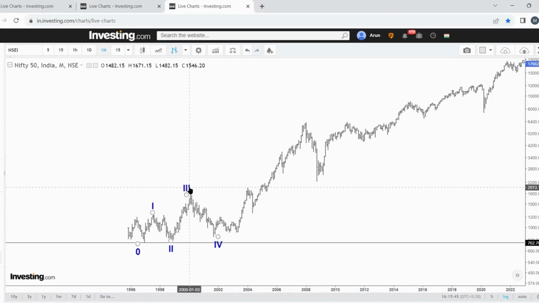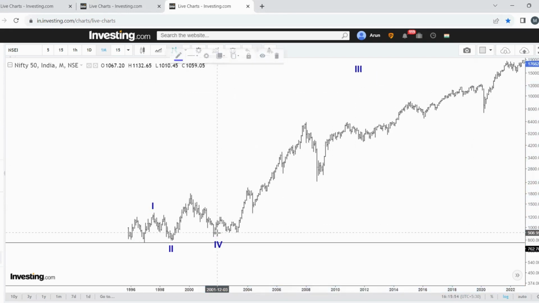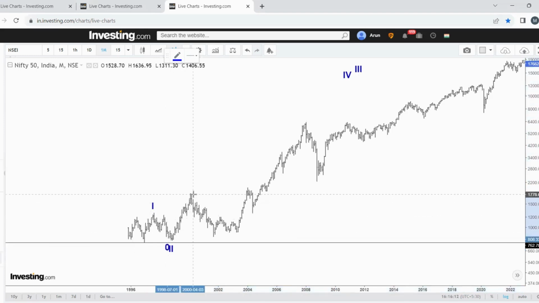Then it could be this. For the time being, I keep this here. Now I'm going to count 5 subwaves within the third wave. For that, I take this low as 0, then 1, 2.